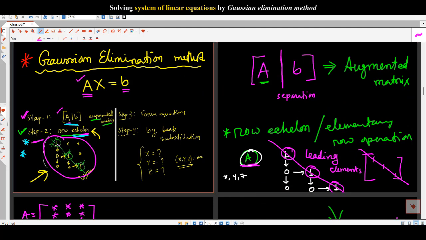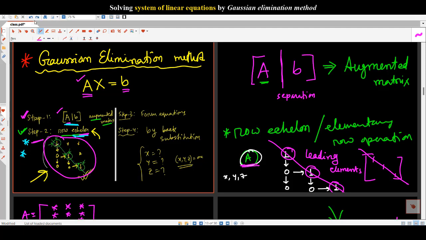So have a look again at step 2. Your target should be making 1, 1, 1. The diagonal entries should be made 1. If you cannot do that, no problem. That will give you one new conclusion. We are trying to make 1, 0, 0, 1, 0, 1. We are trying to form an upper triangular matrix here.